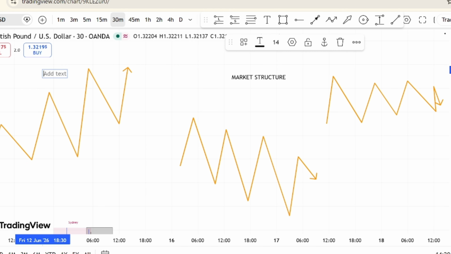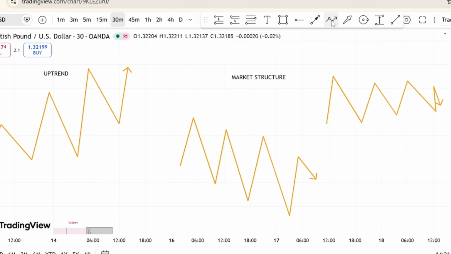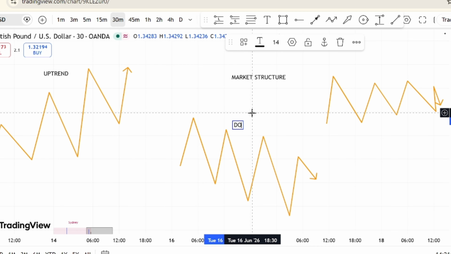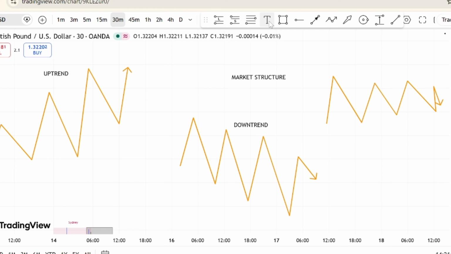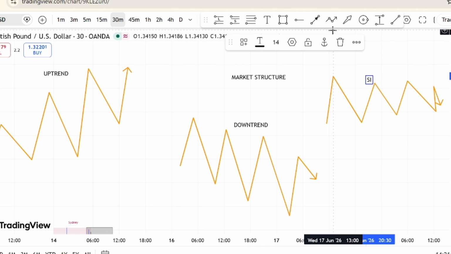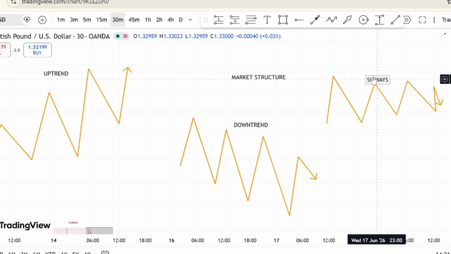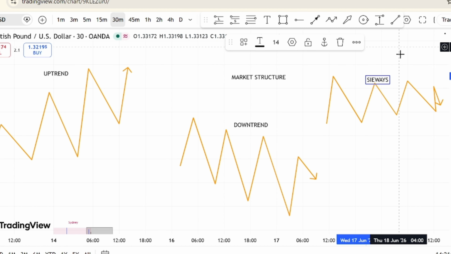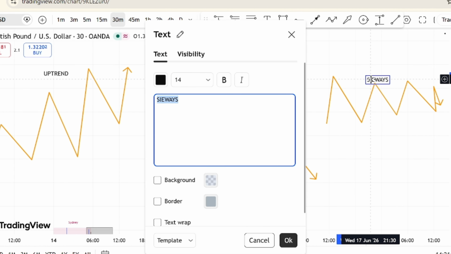So this one is an uptrend, then this one is a downtrend, then this is a sideways market.